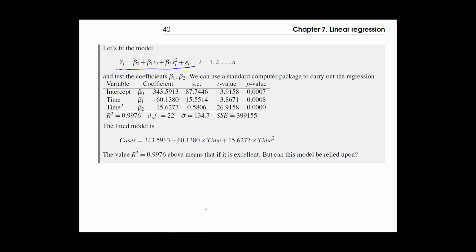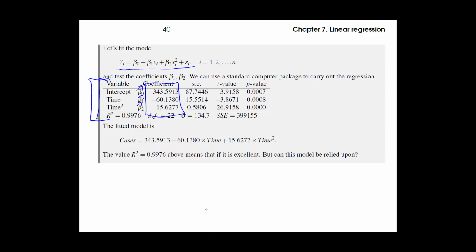Okay? All right. So we put the data in the software package, and this is a typical output. You have the variable, the coefficients, so these are the beta hats, actually. I should put a hat everywhere.